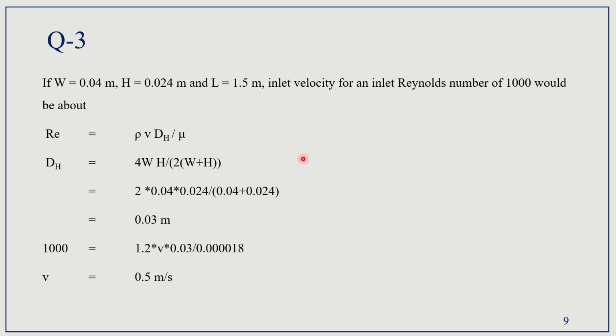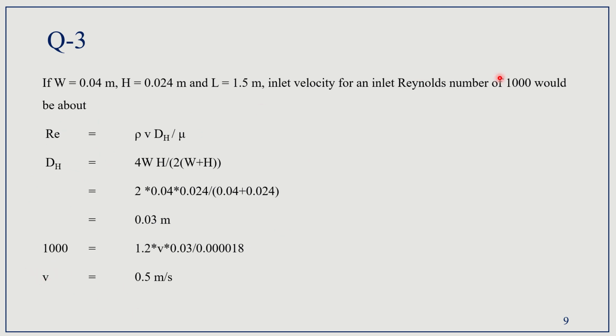So what we have done is, it is a simple problem. We just used the Reynolds number formula as rho v d by mu, and d is unknown here because it is a rectangular cross-sectional duct, and for that we need to find the hydraulic diameter, which we found using this formula. After that we substituted all the known values in the Reynolds number formula, and found the velocity at the inlet.